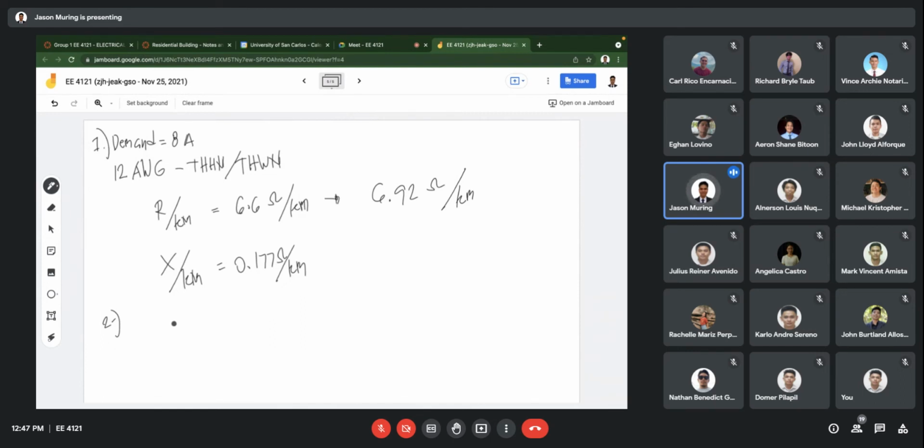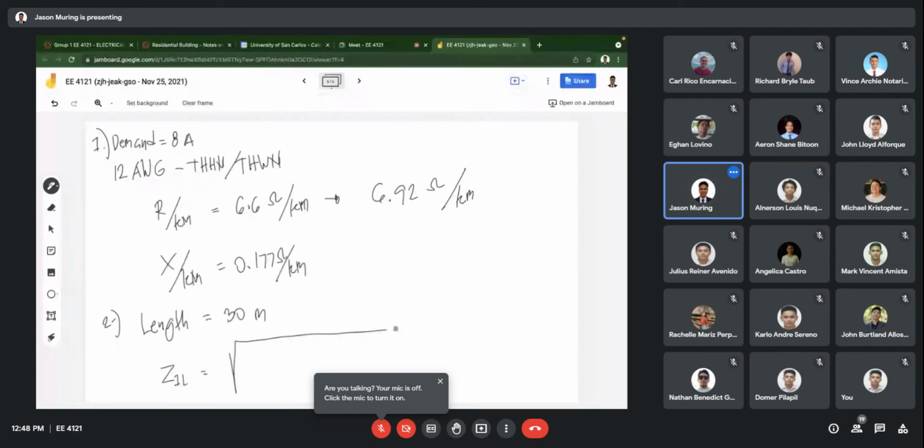Let's say that since, if we look at it, it's outside, let's just say that it was 30 meters, and the impedance for one line is equal to, so we multiply this by how long, 30, so I think 30 is enough.